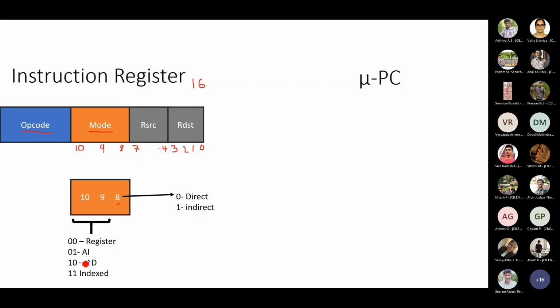Similarly, 0, 1 stands for auto increment, 1, 0 stands for auto decrement, 1, 1 stands for index addressing mode. Please note it down. Otherwise, you have to dig into your textbook to understand this encoding. If you note it down, it will be easy for you. Shall I proceed?